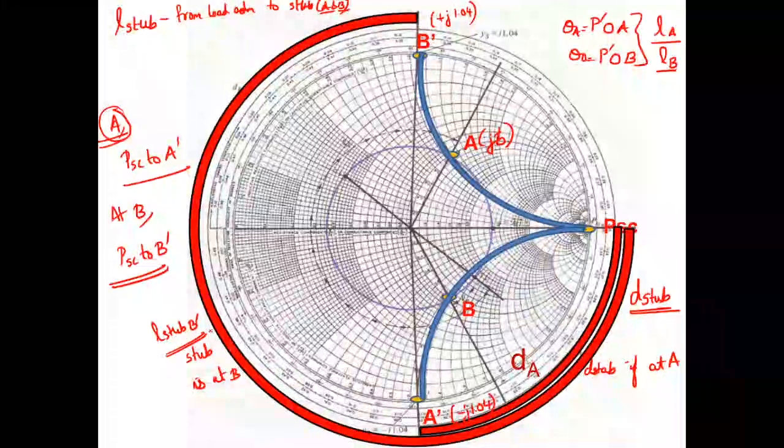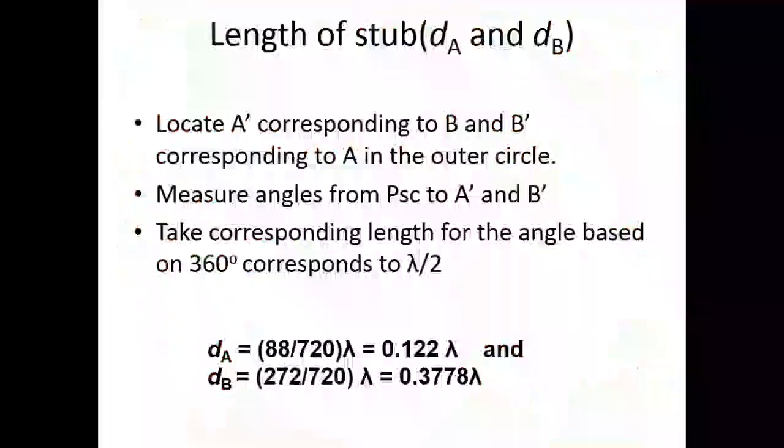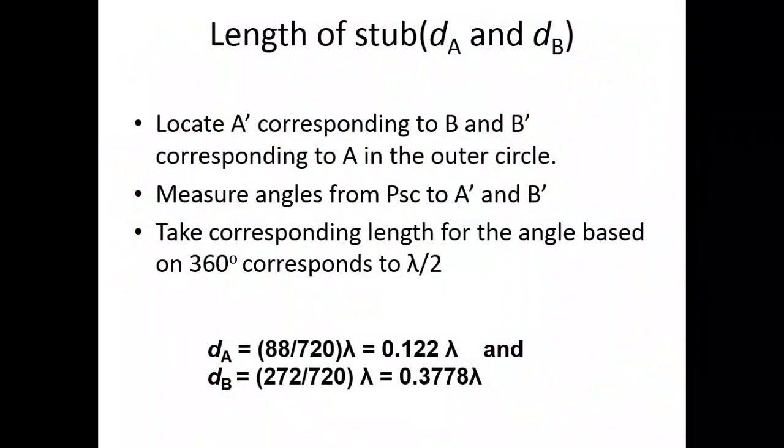This is how you take the corresponding length of the stub. So you can get the values like this.